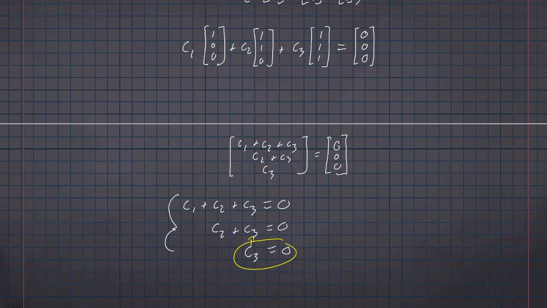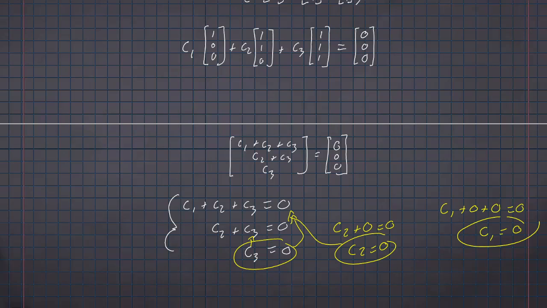Substitute that into the line above, and you get that C2 is equal to 0. Substitute both of those things into the top line, and you get that C1 is also equal to 0.